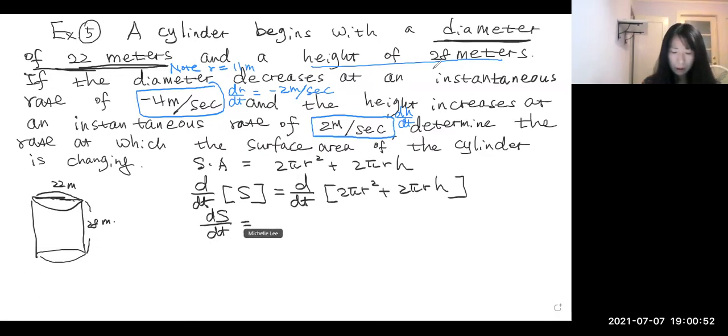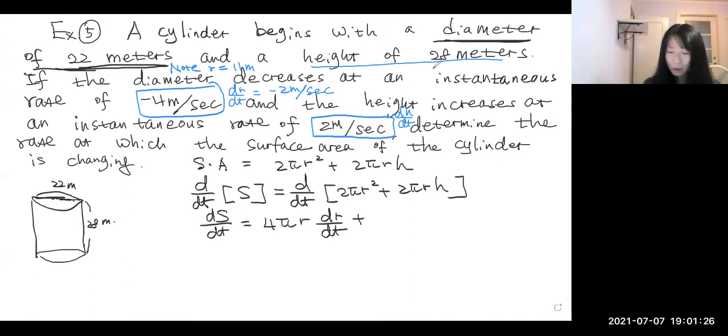Excellent. And then with the derivative with respect to r in the first term, with respect to t, we get 4 pi r dr over dt. Good. Plus, in the second term, we have r there and h there, 2 pi r h.